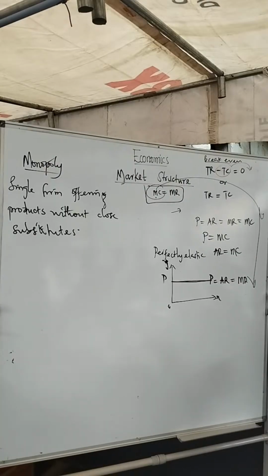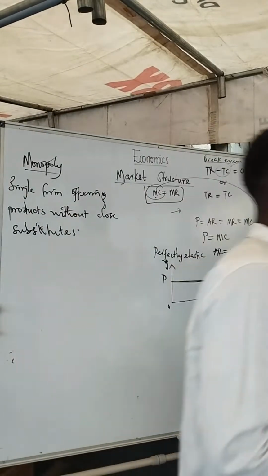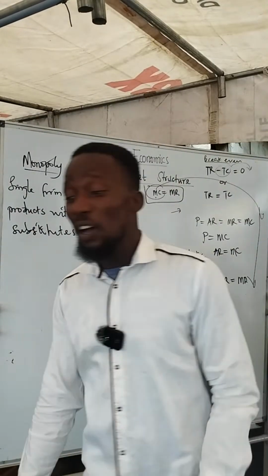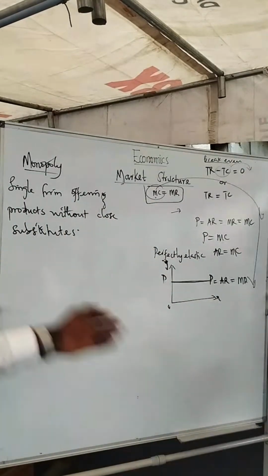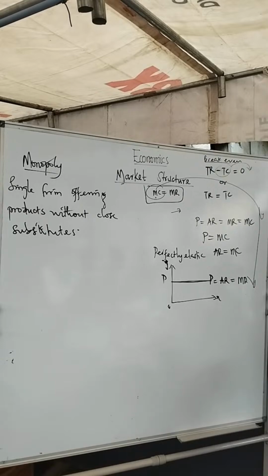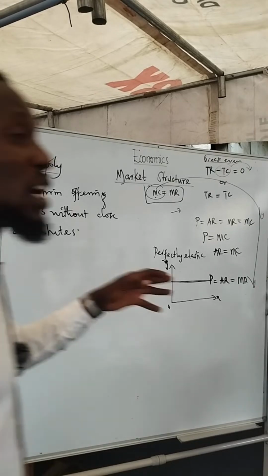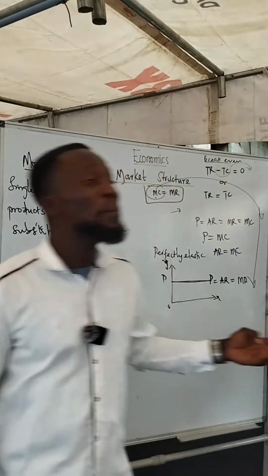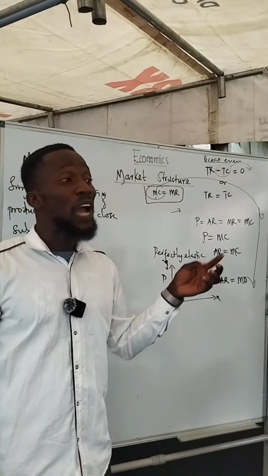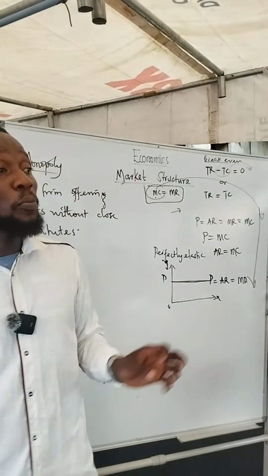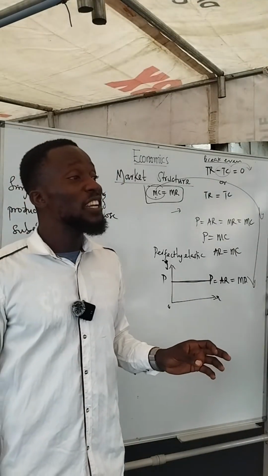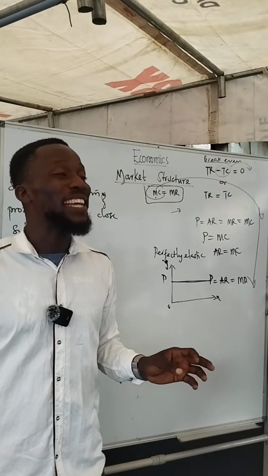For example, when there was NEPA, it was monopoly. Even till now, our IKEDC is still monopoly. For the product you are selling, there is nobody else who can offer that same service. At a point in time, Indomie noodles, House of Dufil, enjoyed what we call patent right.